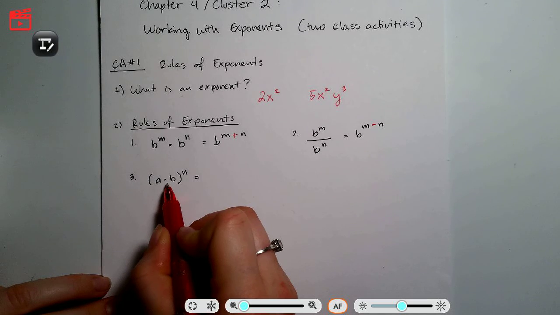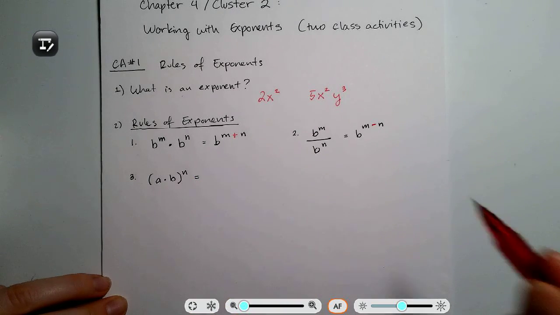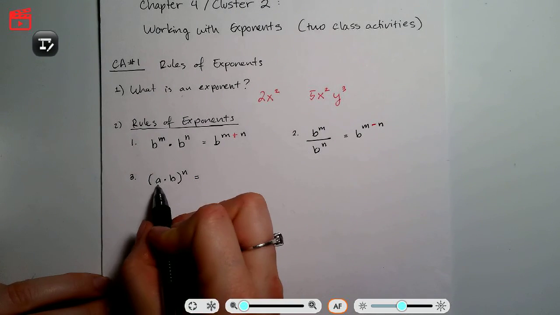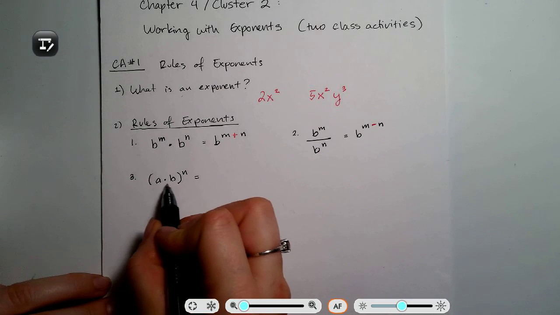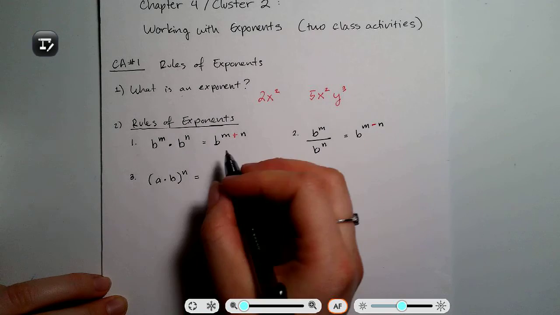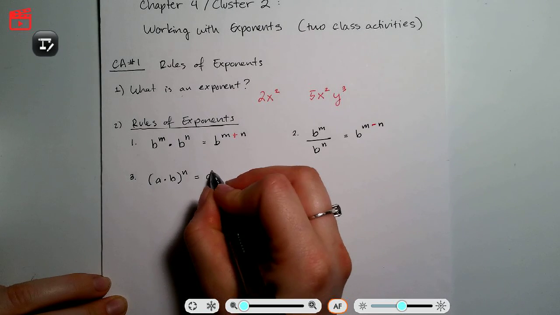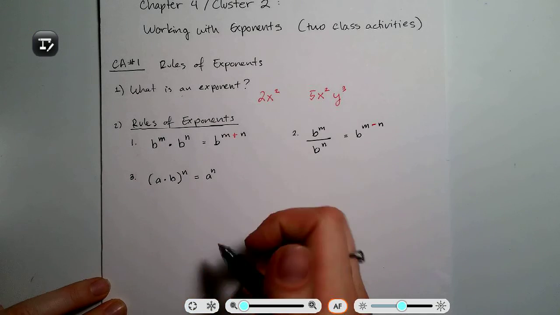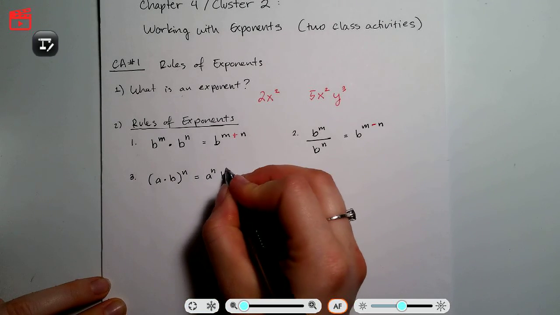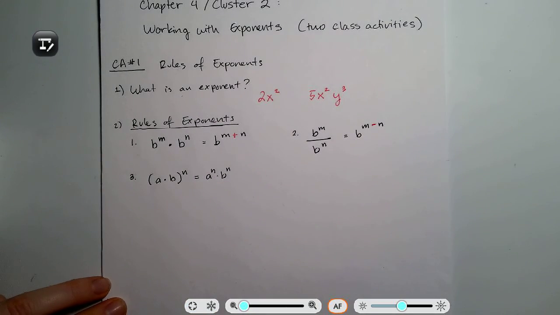If we have multiplication, then each of the numbers or variables inside the parentheses, no matter how many, you're going to raise each of them to the power on the outside. So this would be a to the n, b to the n, multiplication.